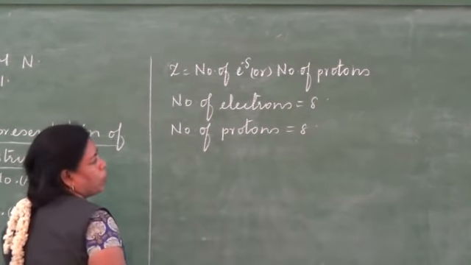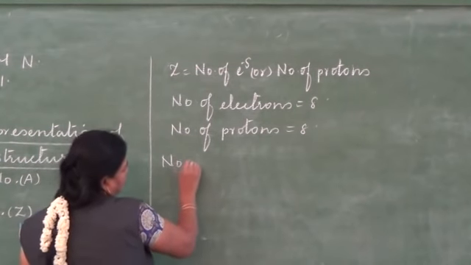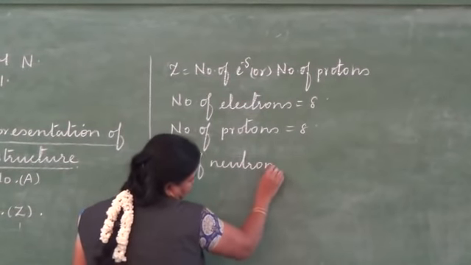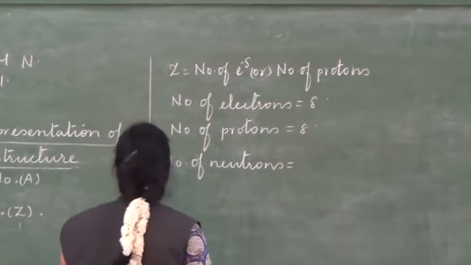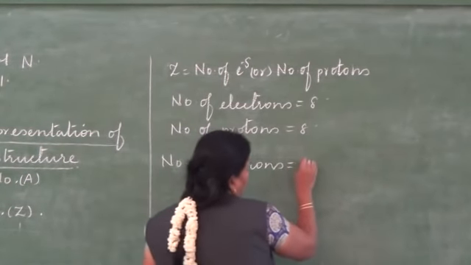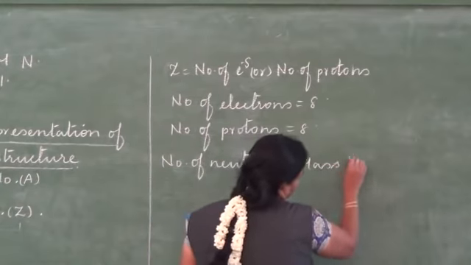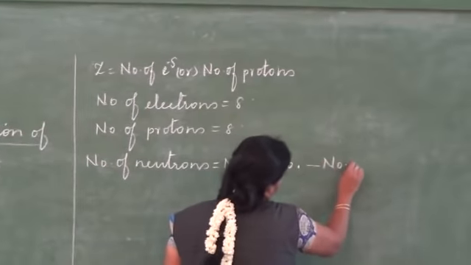And how to find out the number of neutrons? By deducting the number of protons from the mass number. So, mass number minus number of protons.